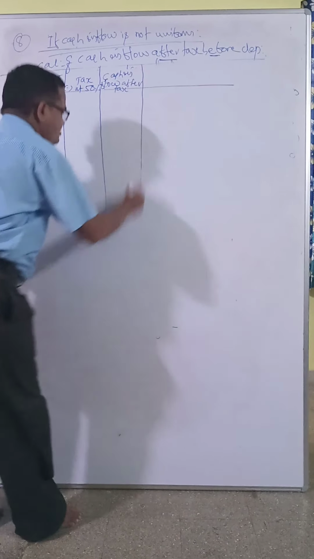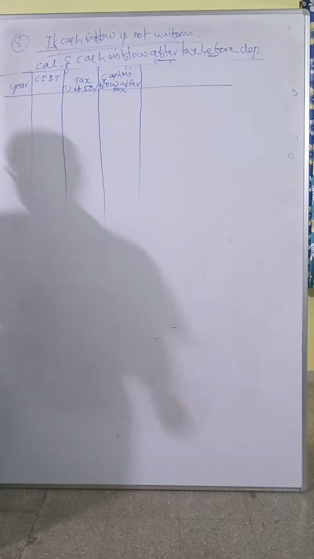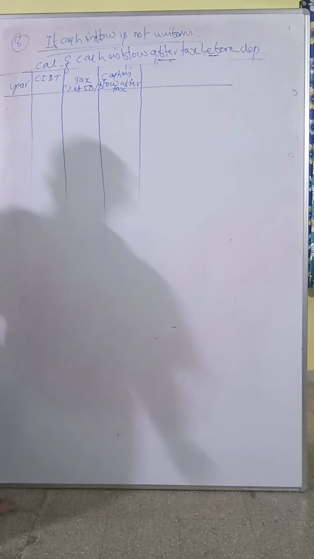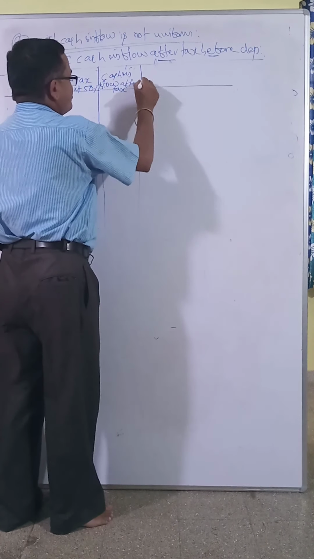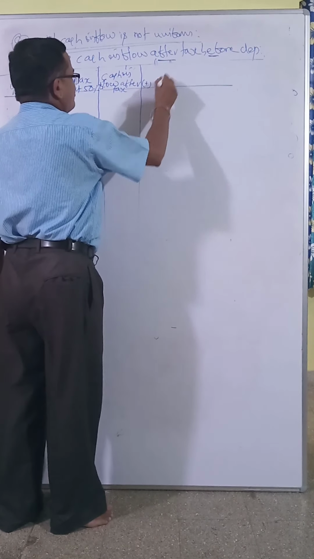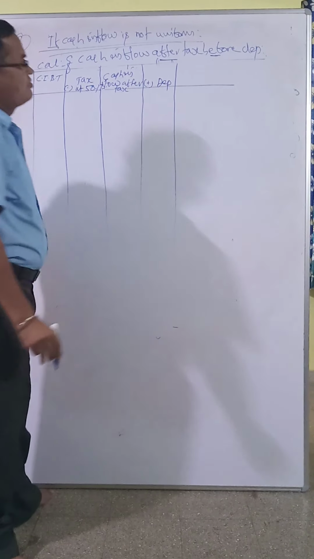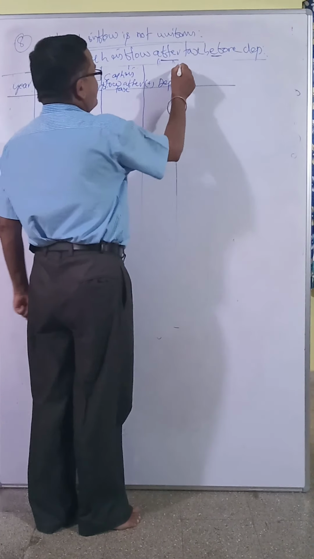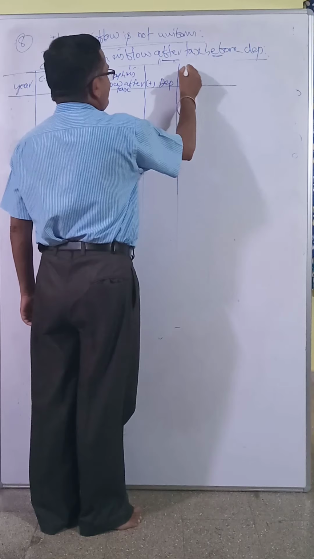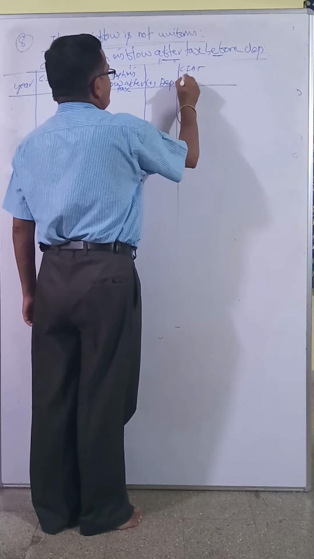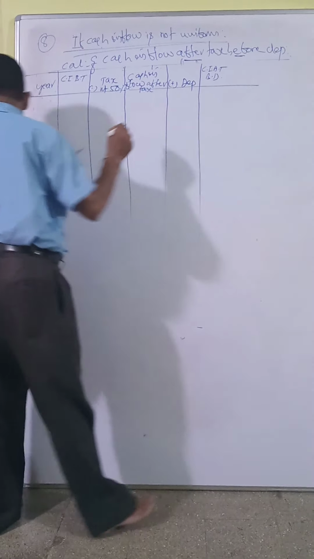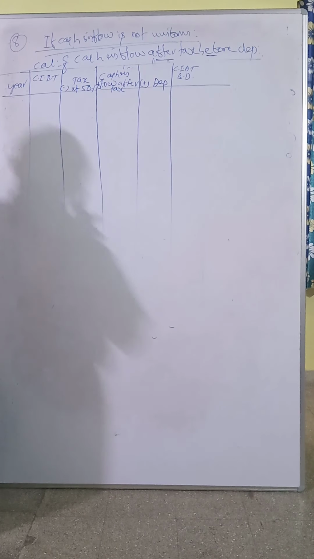We get cash inflow after tax, which means we have to deduct tax, then add depreciation, then you will get cash inflow after tax before depreciation.